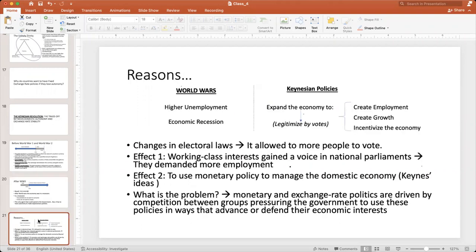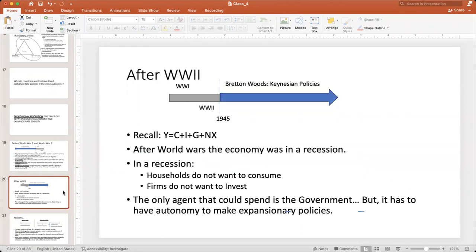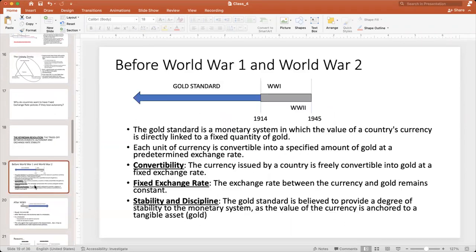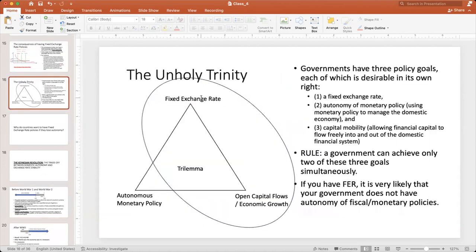However, this will change the basic idea of the gold standard, because in the gold standard, given that there is a fixed exchange rate, the government didn't have autonomy to control the monetary and the fiscal policy.